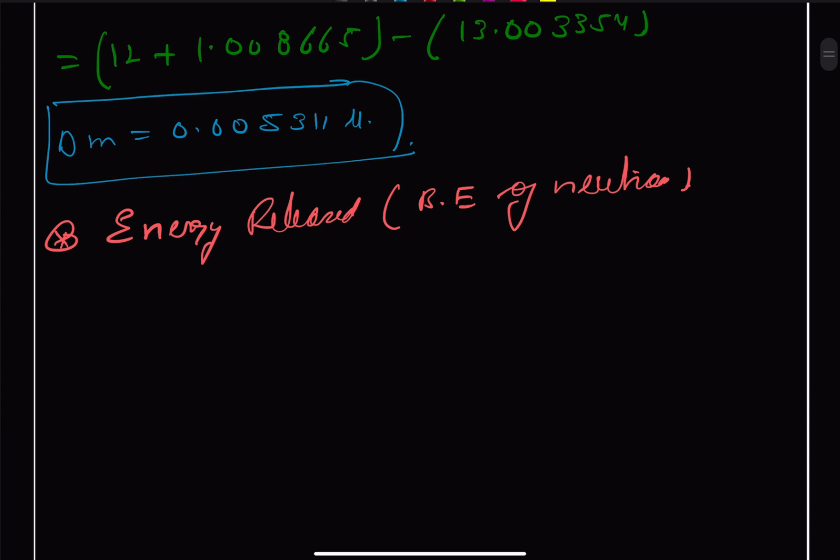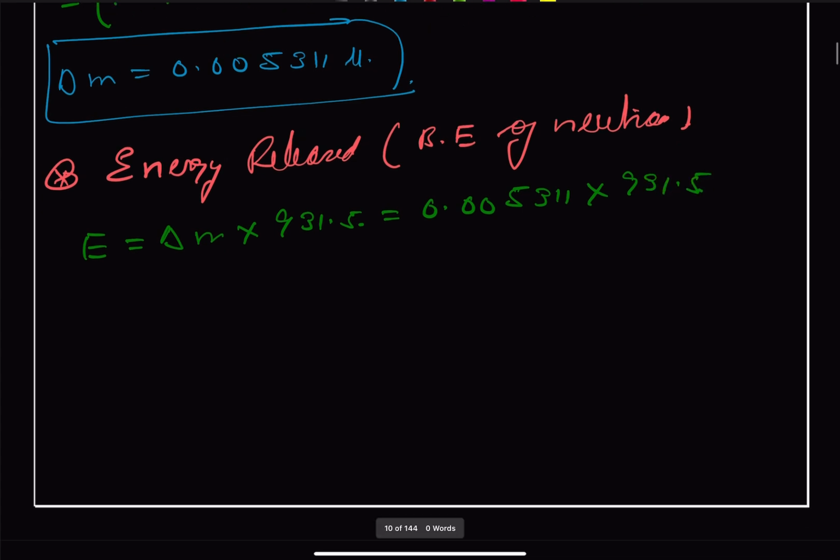That will be E equal to mass defect multiplied by 931.5, which is 0.005311 multiplied by 931.5.